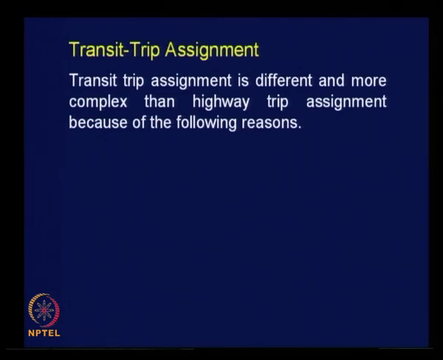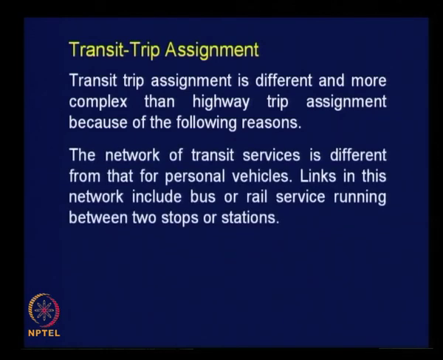Transit trip assignment is different and more complex than highway trip assignment because of the following reasons. The first is this: the network of transit services is different from that of personal vehicles. That is one thing. Network is totally different. Links in this network include bus or rail service running between two stops or stations.